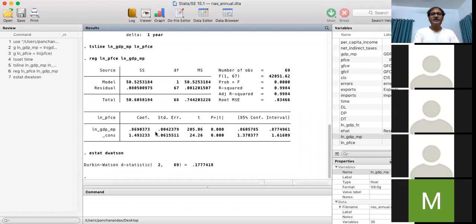Okay, so spurious regression is indicated by this symptom: a very, very high value of R square along with a very low value of Durbin-Watson. If you have a very high value of R square, as we have got here, 0.998, and a very low value of Durbin-Watson, it indicates this result is spurious.